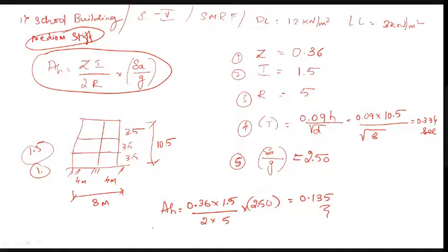Then the main thing is that we have to determine the base shear, that is VB. The formula is Ah into W. We know the value of Ah, but we don't know the value of W. Then how will we determine the value of W?